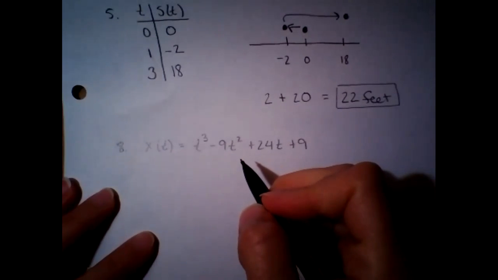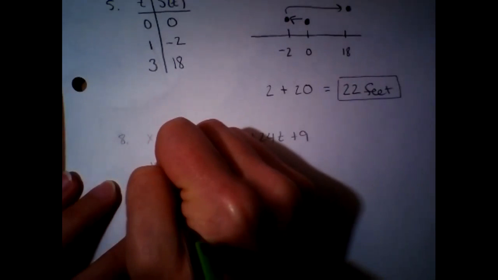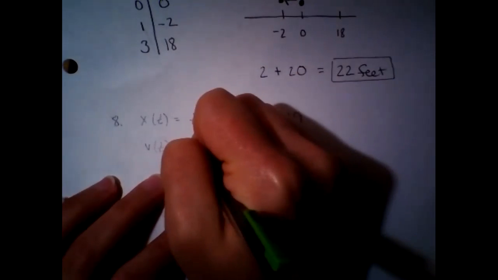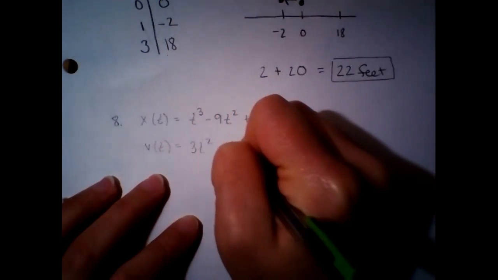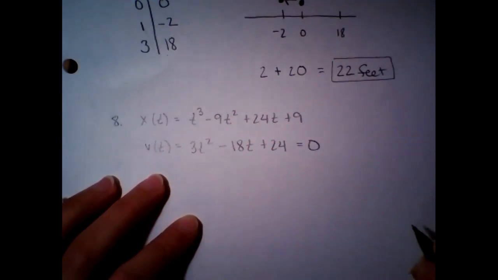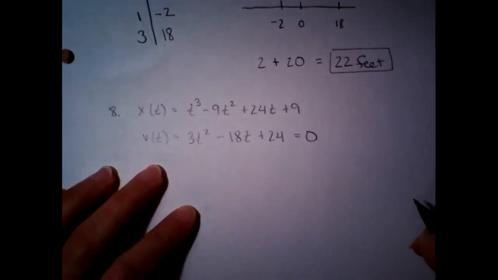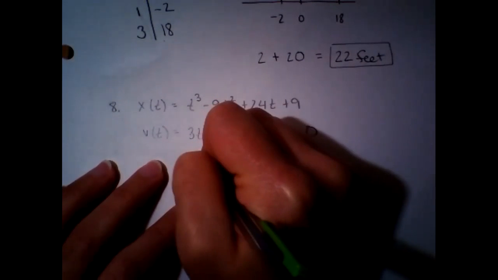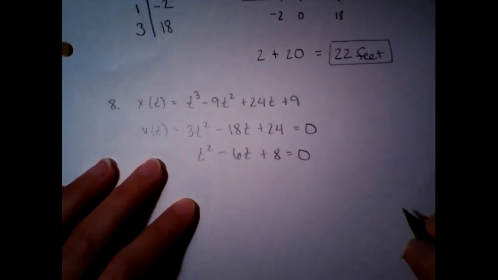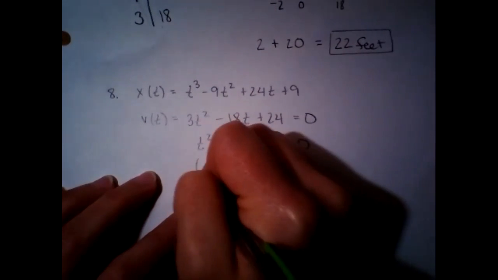So number 8 is asking when the particle is at rest, that's going to be velocity equals 0. So this derivative is 3t squared minus 18t plus 24. And we're going to divide through by 3. And then it is going to factor.